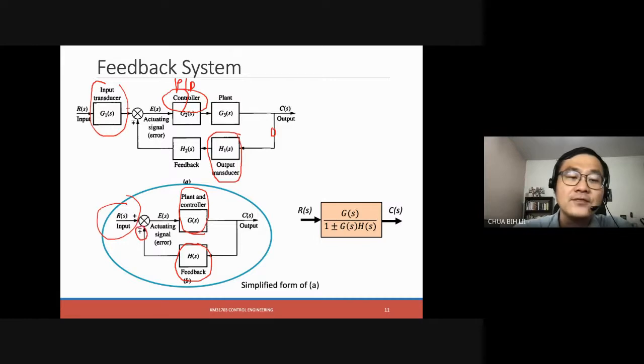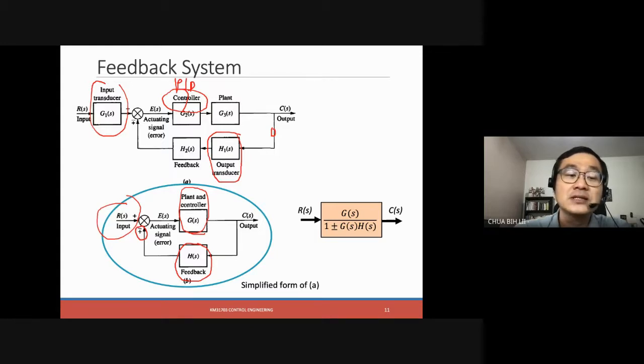If the feedback is minus, the signal that comes back is subtracted. So the block diagram will now become G divided by 1 plus GH. This transfer function is G divided by 1 plus GH.